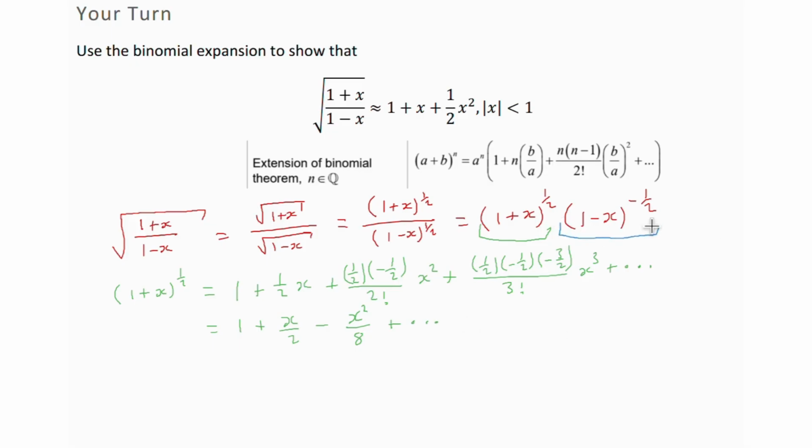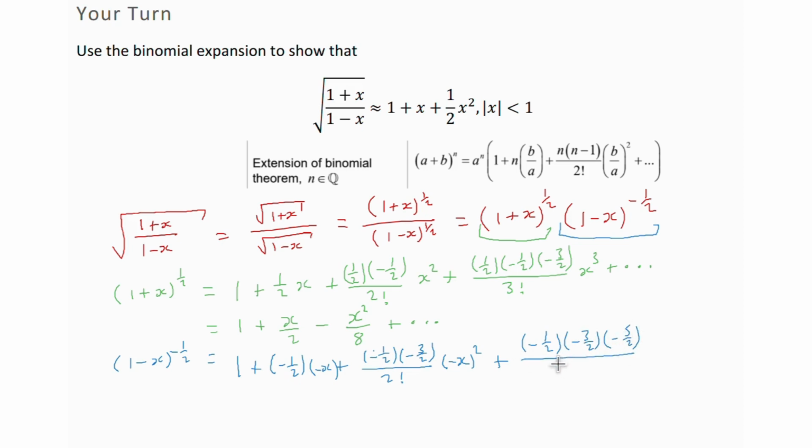Now let's look at the second one. (1 minus x) to the minus a half is equal to 1 plus n, which is minus a half this time, times x, plus minus a half times minus 3 over 2 over 2 factorial times minus x squared, and actually that should also have been minus x there, plus minus a half, minus 3 over 2, minus 5 over 2 over 3 factorial times minus x cubed.